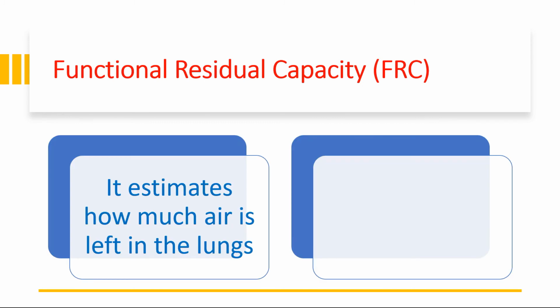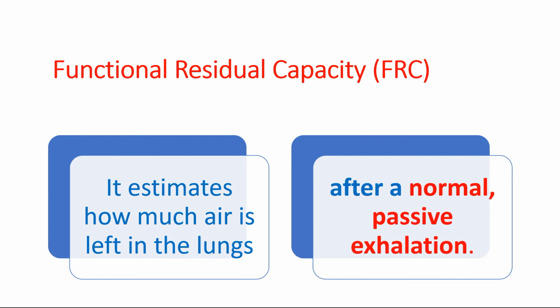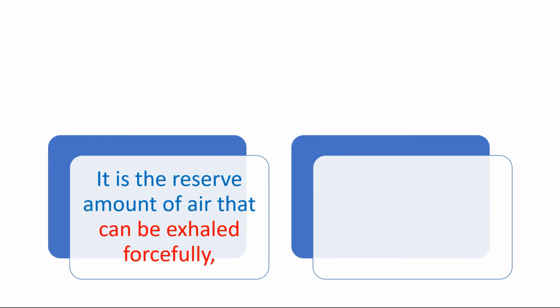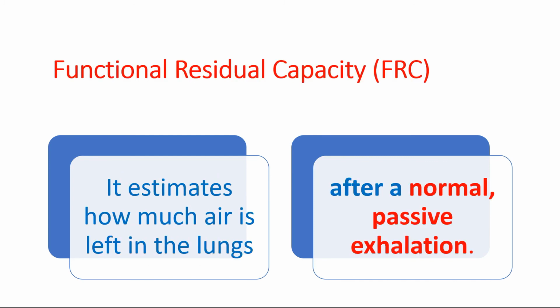This estimates how much air is left in the lungs after normal passive exhalation. So it is the reserve amount. Functional residual capacity is the amount of air left in the lung after normal passive exhalation.